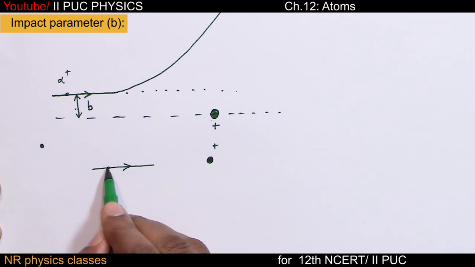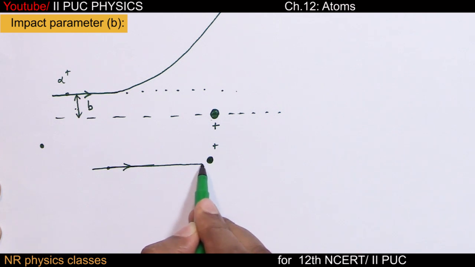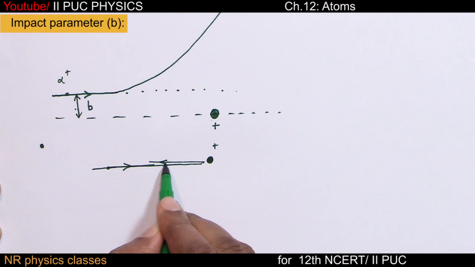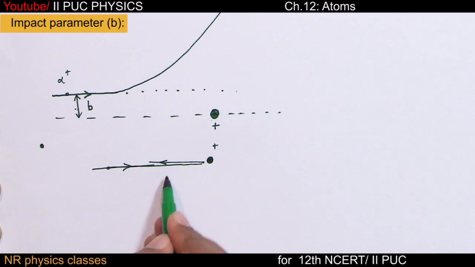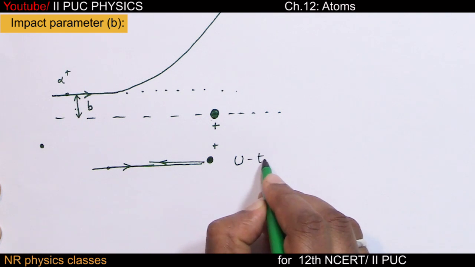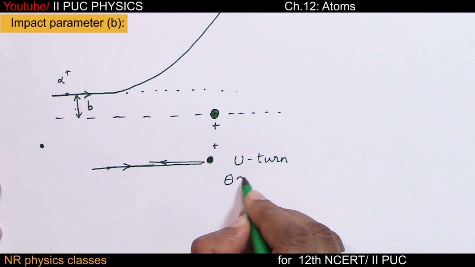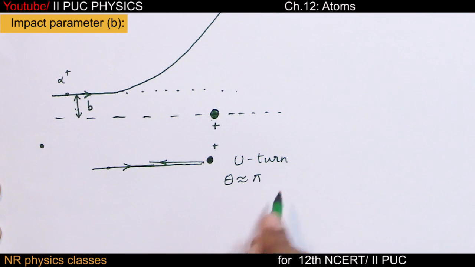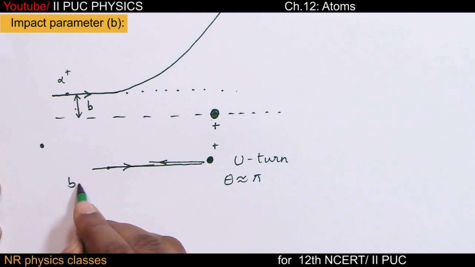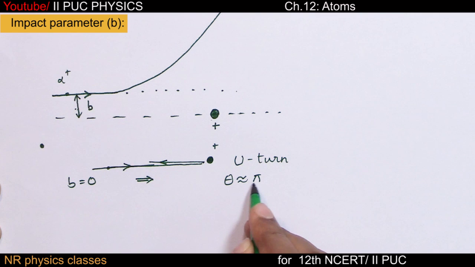This alpha, as it approaches the nucleus, is retarded and it travels back. It travels back means something like a U-turn. If it is a U-turn, then the scattering angle is very close to pi, nothing but 180 degree. So if impact parameter is 0, it implies that the scattering angle is pi.